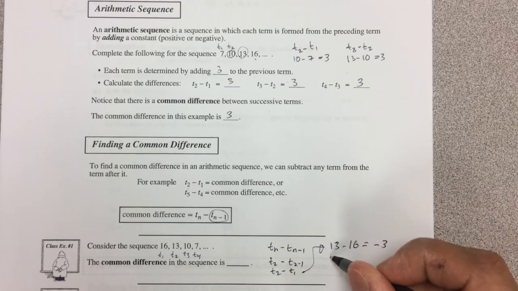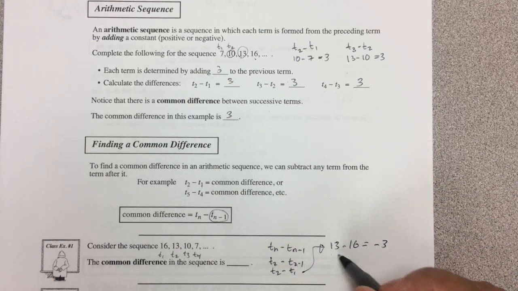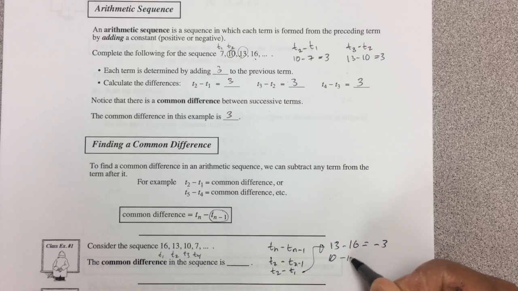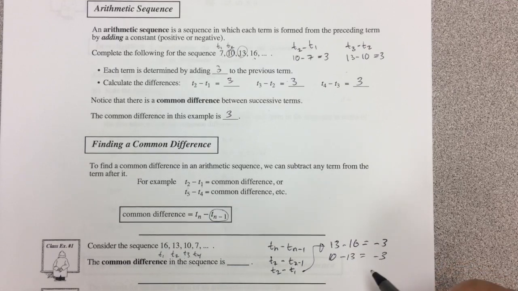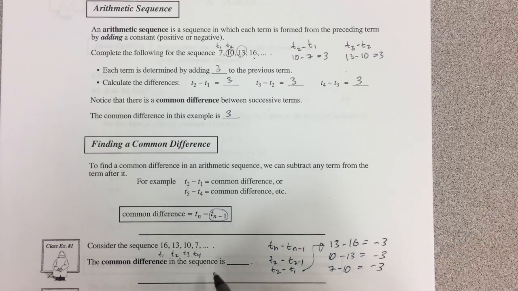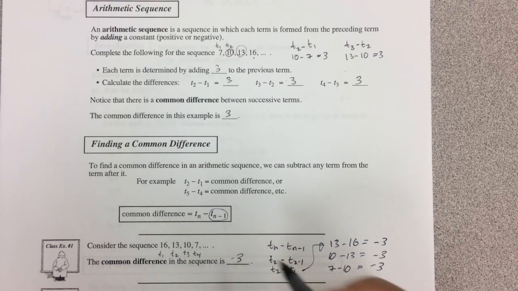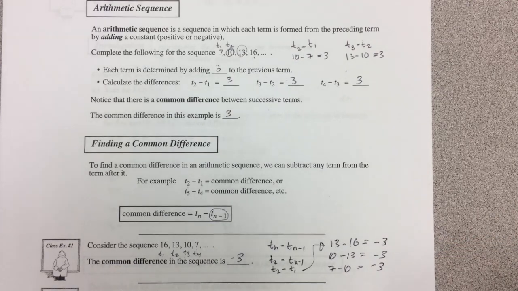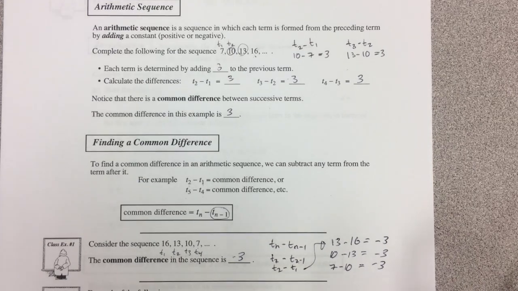So we move on to term 3 minus term 2, which gives us 10 minus 13, also negative 3. And term 4 minus term 3 gives us 7 minus 10. Again, our common difference is the same, so we have an arithmetic sequence. Our common difference here is negative 3.